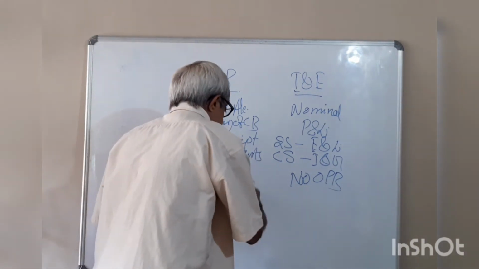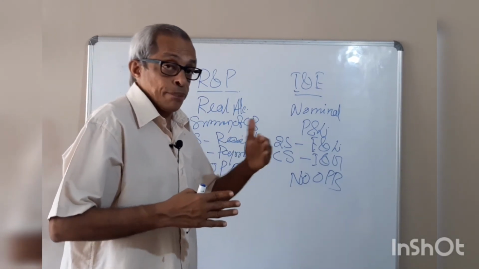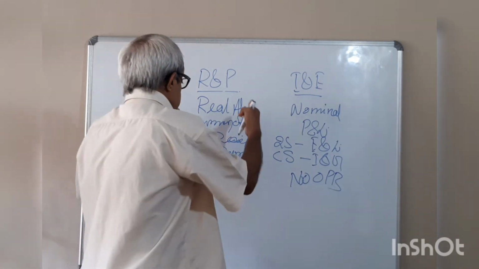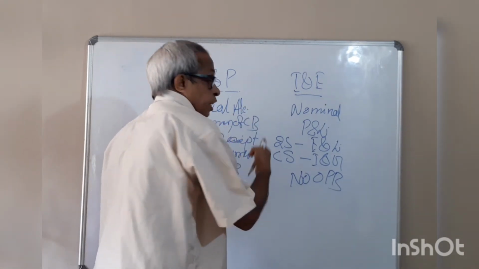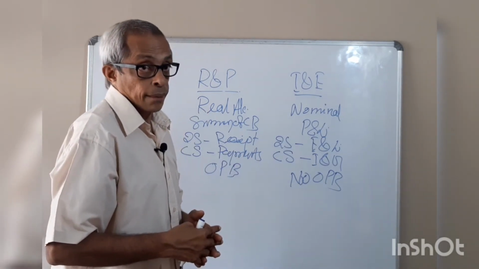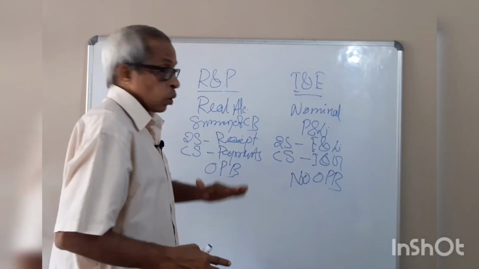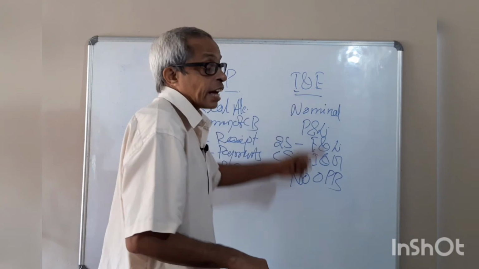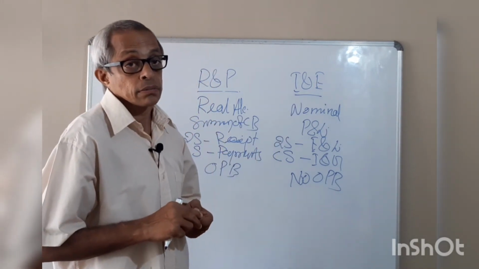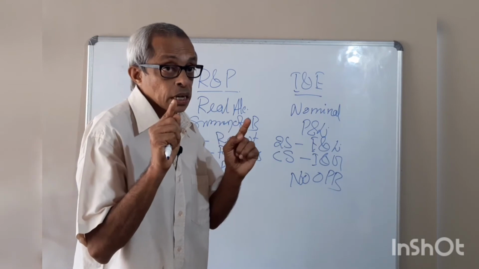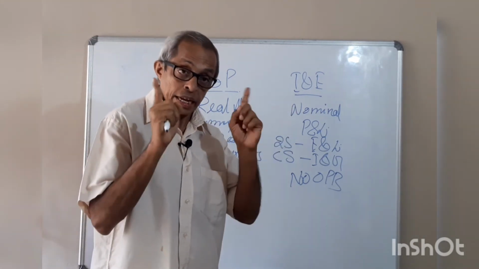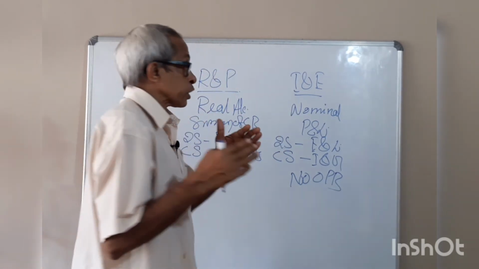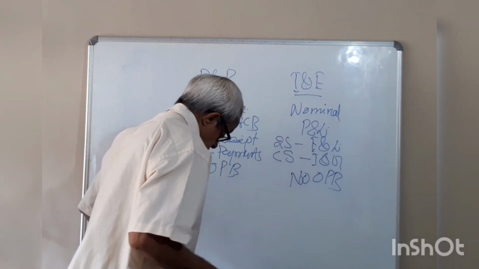So only cash transactions, whether it belongs to current year, previous year, or coming years, will be shown in receipts and payments account. But as far as income and expenditure account is concerned, both cash and non-cash transactions will be shown in income and expenditure account.